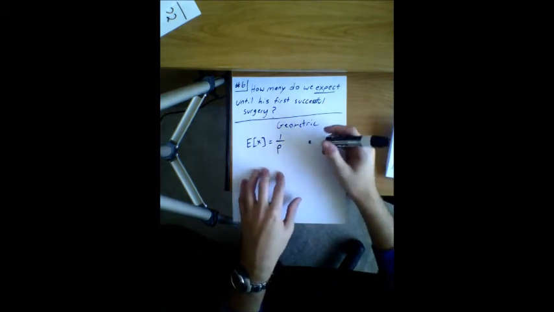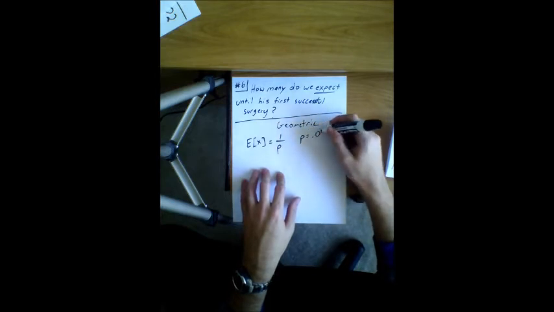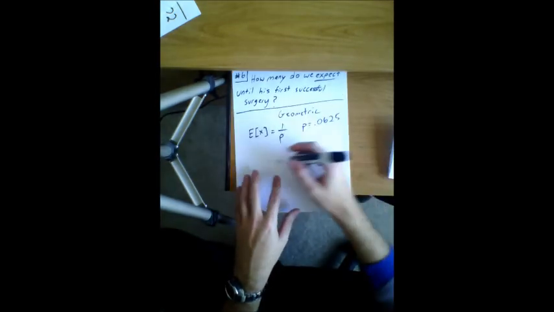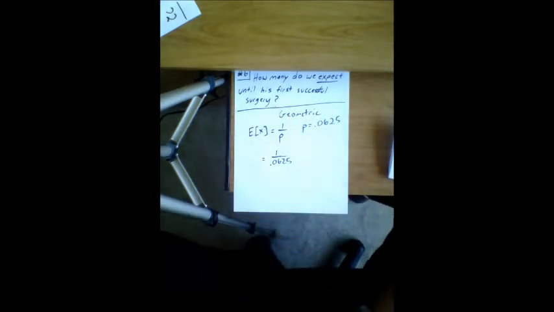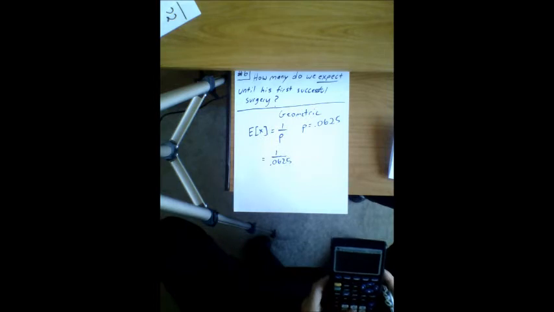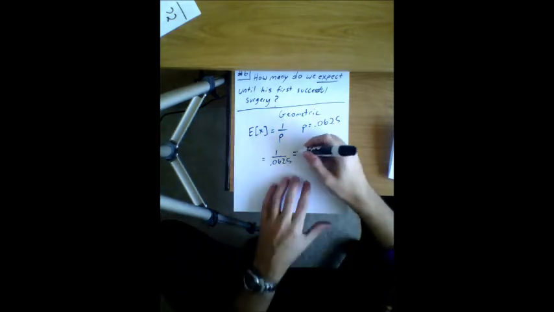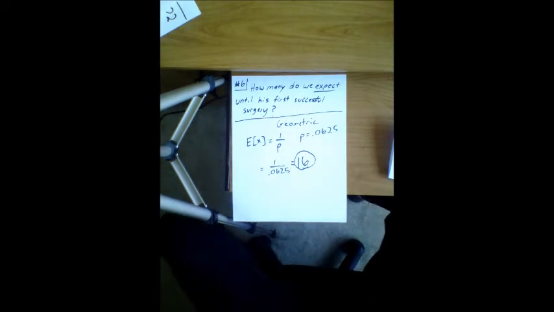So recall that P was 0.0625. So our expected value is just 1 divided by 0.0625. Once you do that calculation, we get a total of 16. So we would expect to go through 16 patients until he gets his first successful surgery, if he's not hired first.